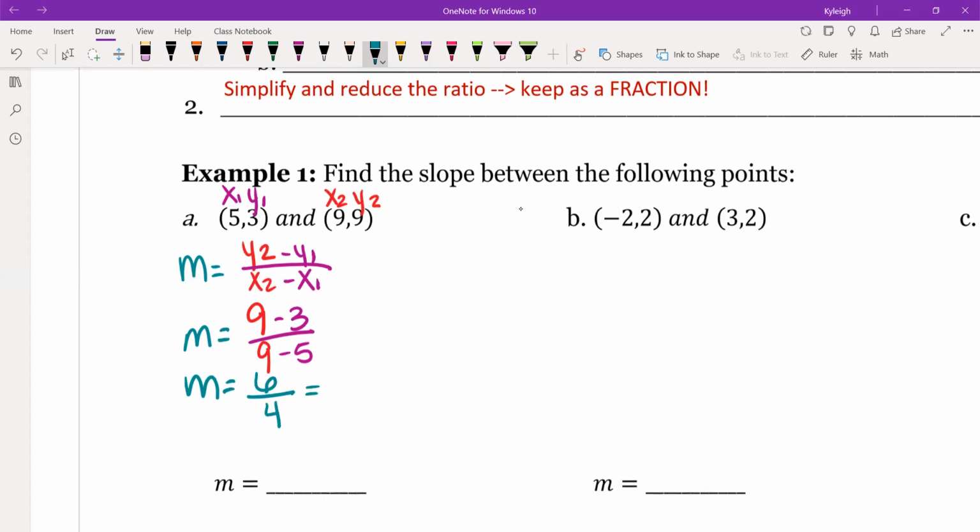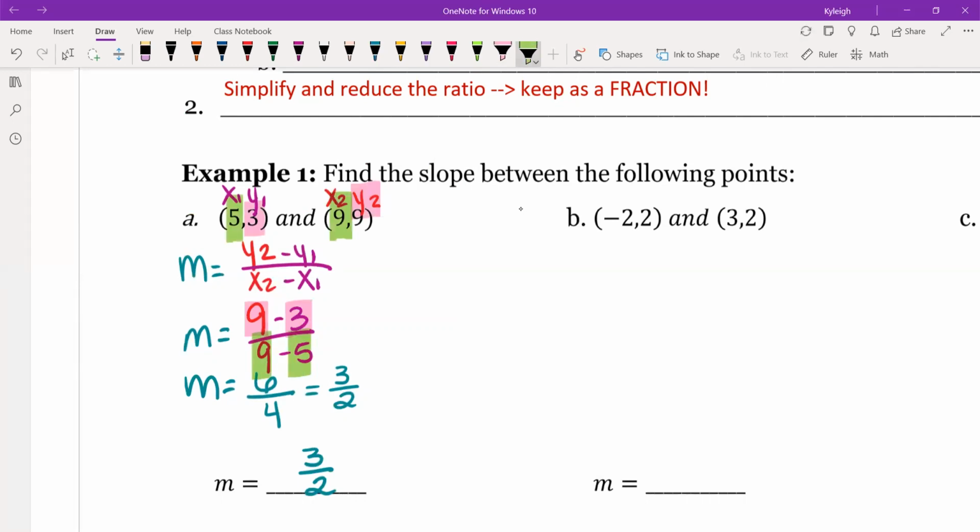Reduce that down to 3 over 2. So my answer is 3 over 2. Okay, and I don't divide them. I just leave it as that. Again, this was my y2, so I put 9 there. This is my y1, so I put 3 there. This was my x2 and my x1. So I just plug it in.